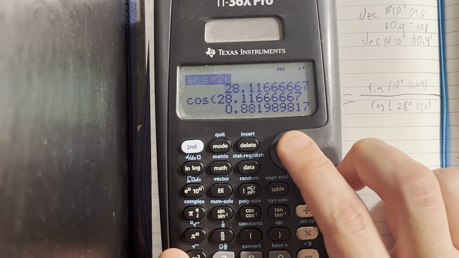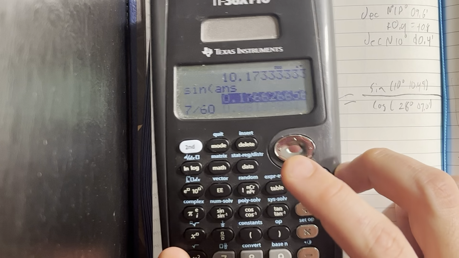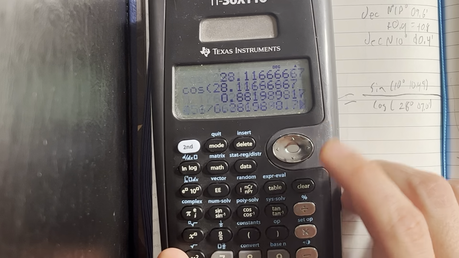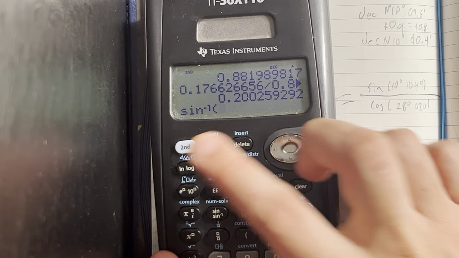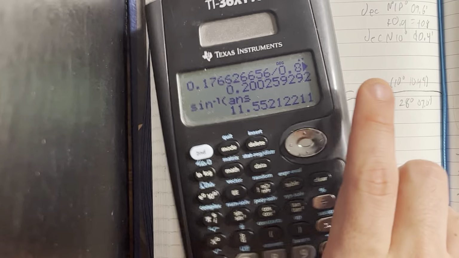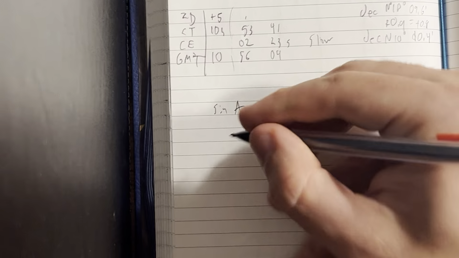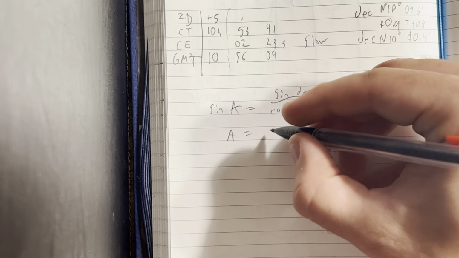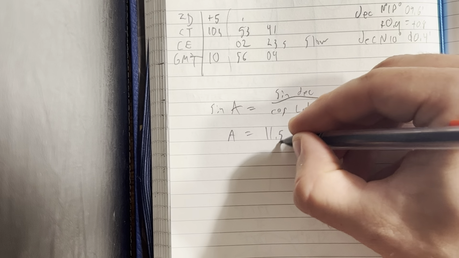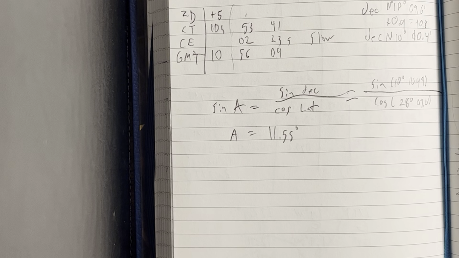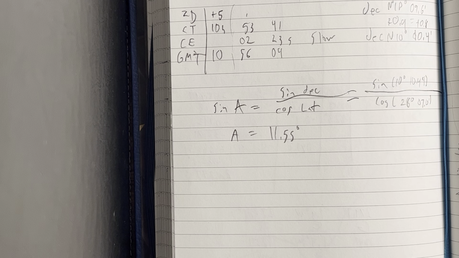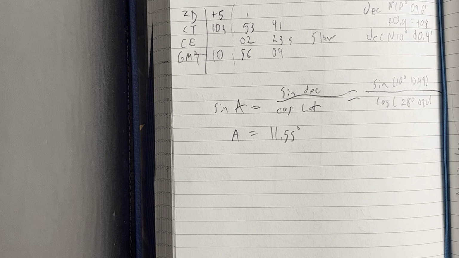That'll give us our denominator. So we'll divide the two, then sine inverse of the answer. We'll get 11.55. So A here is equal to 11.55 degrees.